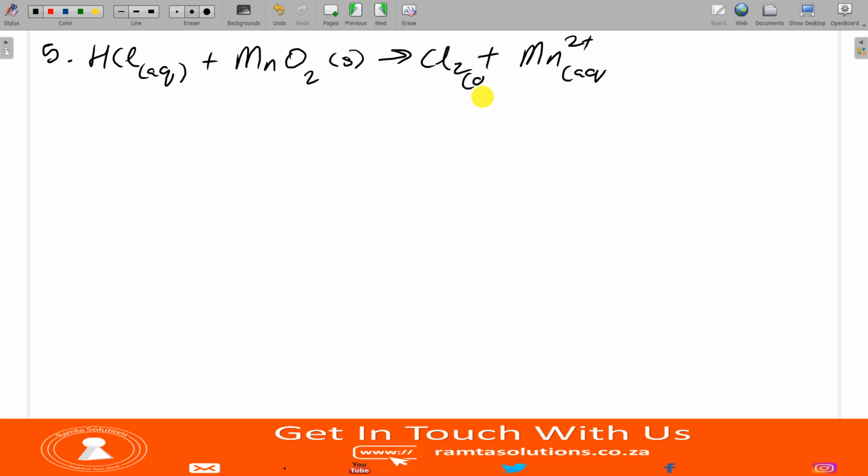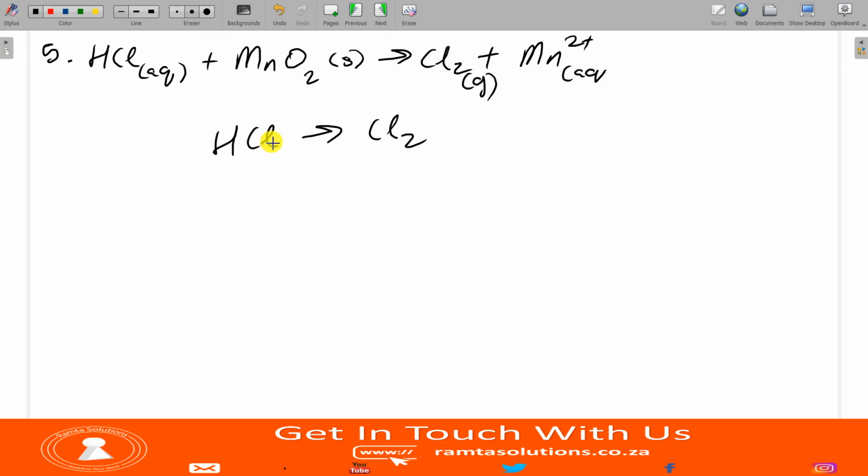So this is chlorine gas. Okay. Let's see. Hydrochloric acid with Cl2. This is very interesting, right? Now, this is an acid-base reaction.